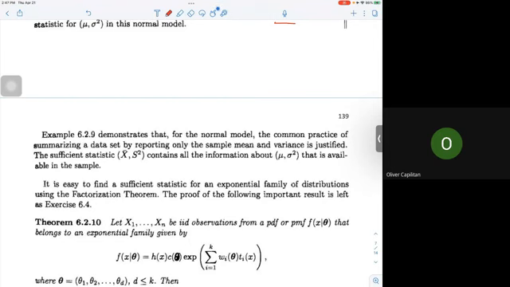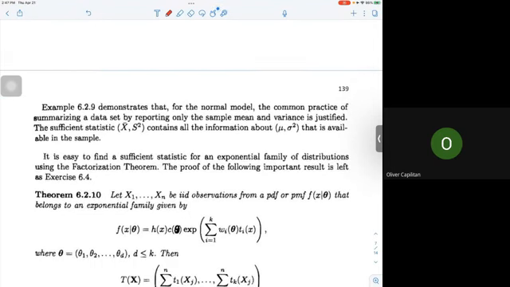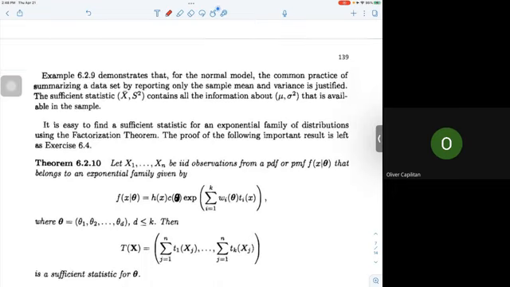So it is easy to find the sufficient statistic for an exponential family of distributions using the factorization theorem. Now, we used the factorization theorem to determine our sufficient statistic, but if we have an exponential family of distributions, we can also determine the sufficient statistic. So we have here theorem 6.2.10.